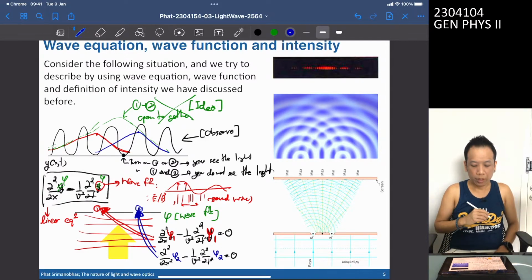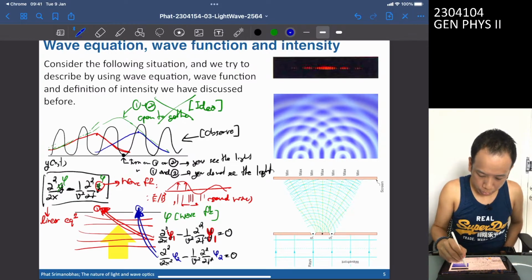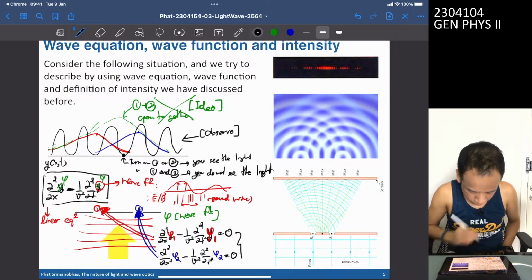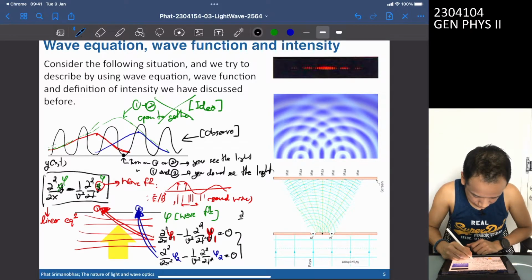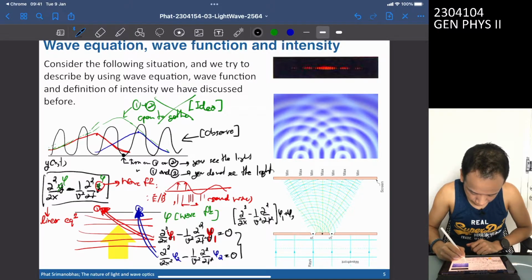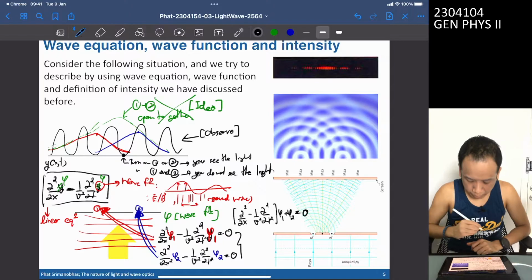So when you sum them up together, you're going to see that the equation over phi 1 plus psi 2 still becomes 0.